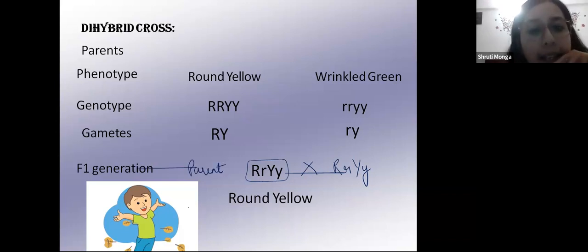Then next thing that we write is gametes. How are you going to make the gametes in this case? Just take this one parent, because the gametes would be the same for the second parent also.